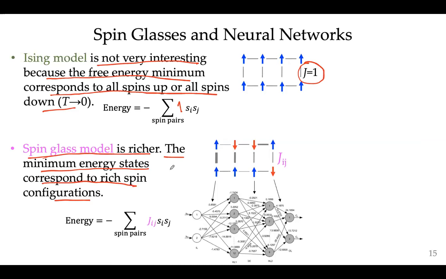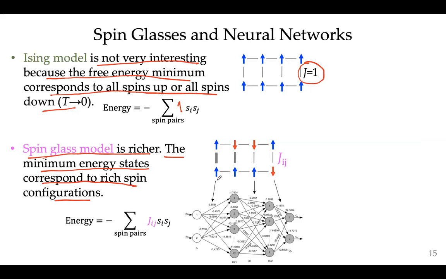And the spin glass models resemble, if you ask me, the physical model that resembles neural networks. It's not the Ising model, but the spin glass model, because the minimum does not have all the spins in the same direction, but some of them up and some of them down.